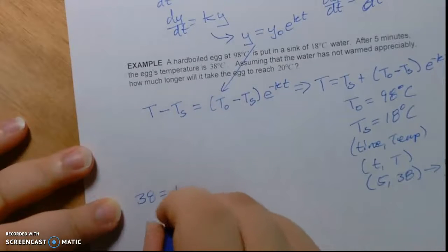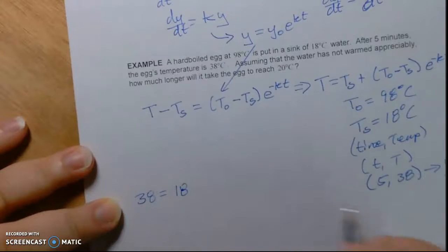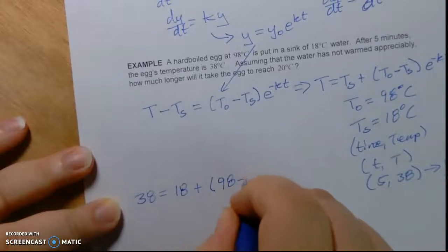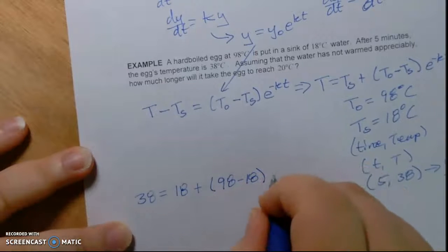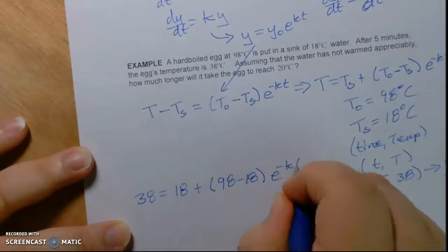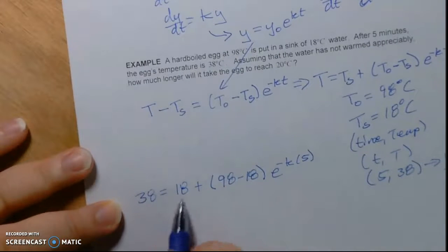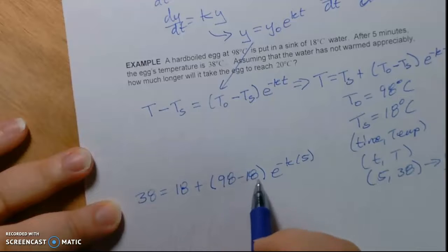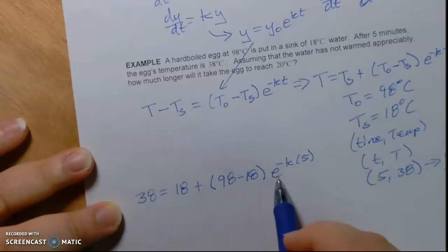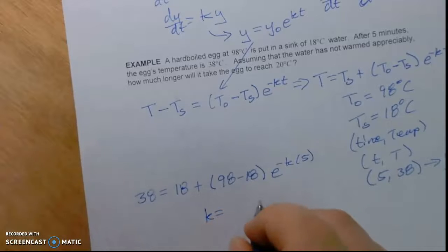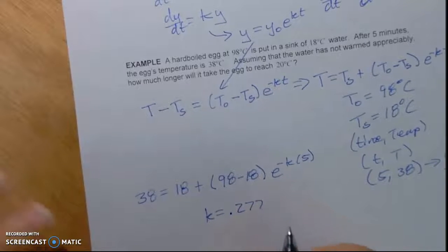And that equals 18 for the surrounding temperature plus the initial temperature minus the surrounding temperature, e to the negative k times 5 minutes. We do our solving: we subtract 18, divide by 80, take the natural log, divide by negative 5. And we would get that k equals 0.277.